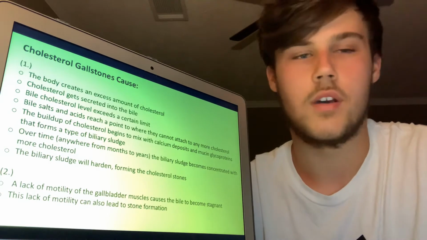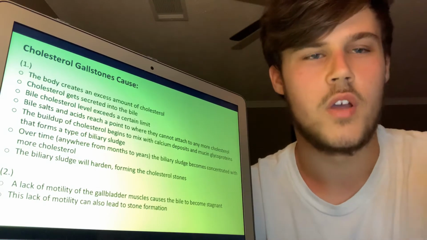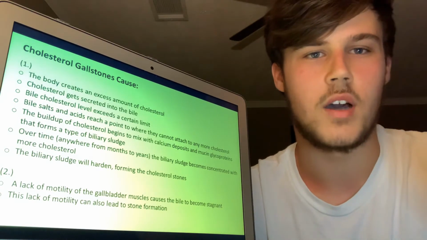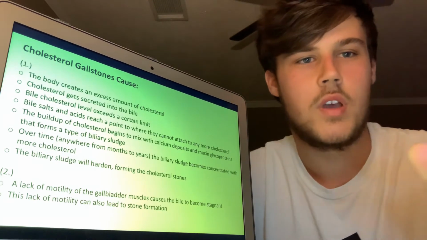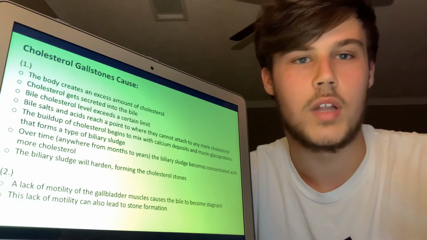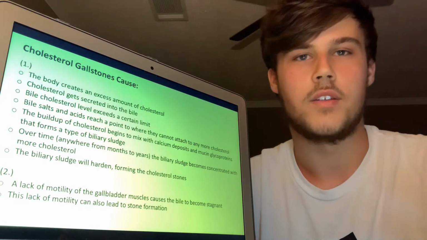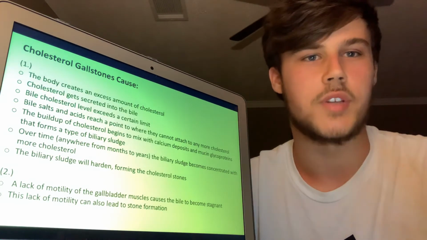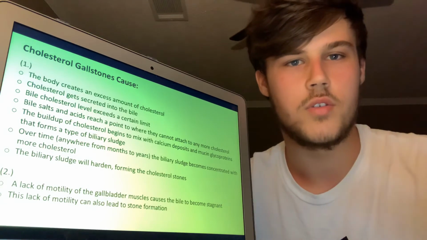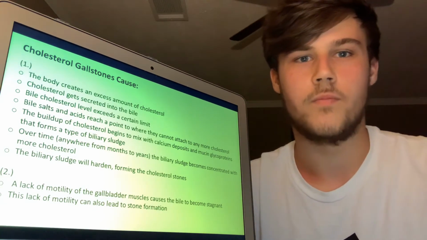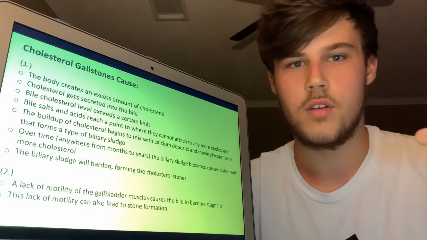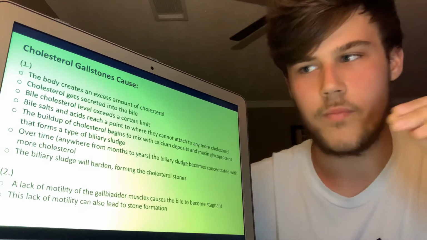Alright, so the cause of cholesterol gallstones, there's two main causes to it. One is the body produces an excess amount of cholesterol, and so there's not enough bile salts and acids to attach to the cholesterol, so it just sits there and clumps up.